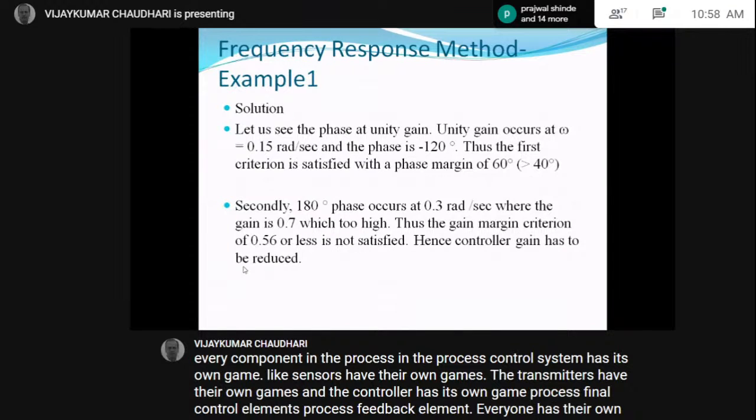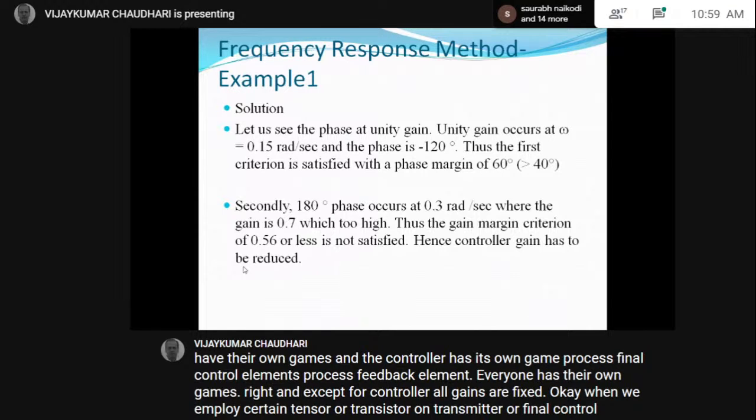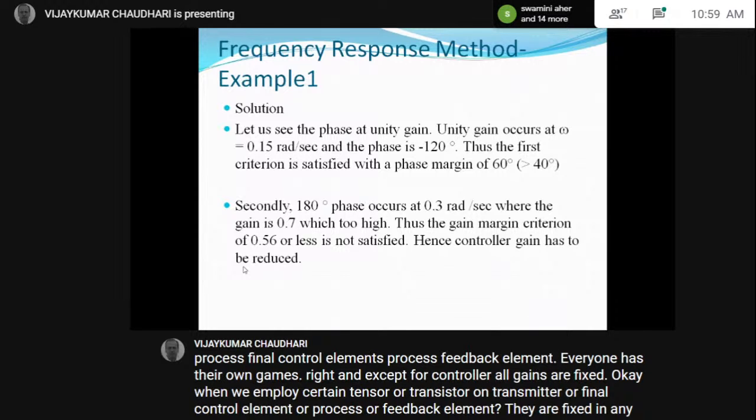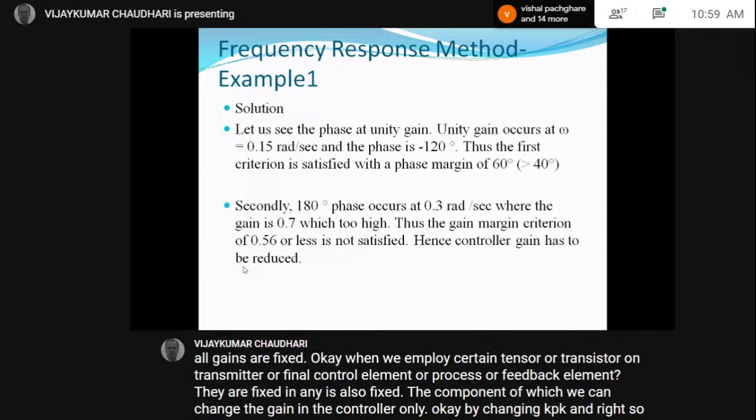Except for the controller, all gains are fixed. When we employ a certain sensor, transducer, transmitter, final control element, process or feedback element, their gain is fixed. The component whose gain we can change is the controller only, by changing KP, KI, and KD. So only the controller gain can be adjusted.